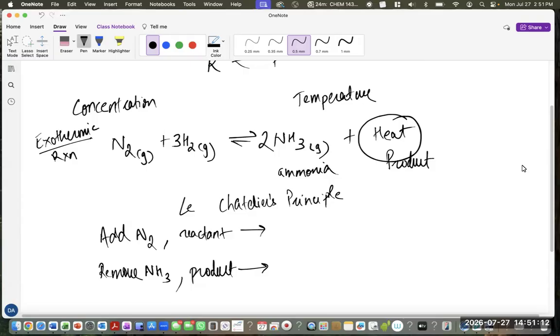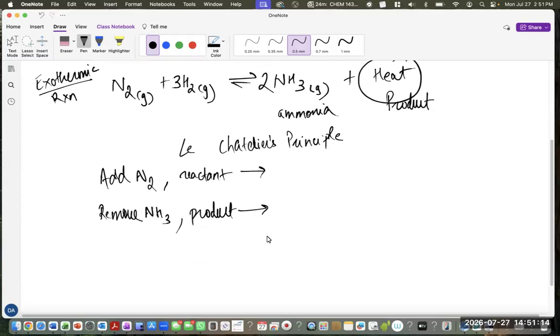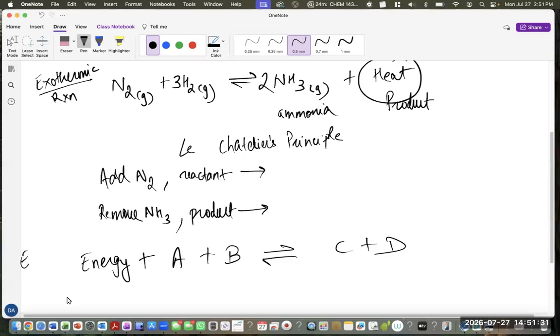If the reaction is endothermic, so if you had a reaction where you had, for example, chemical A and B producing chemical C and D, and in this reaction the energy was on the reactant side, meaning energy was getting consumed, so the energy is on the left, this is an endothermic reaction.